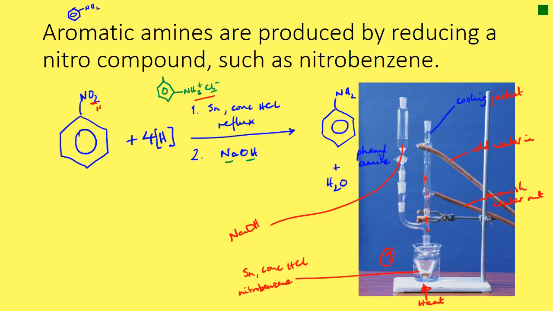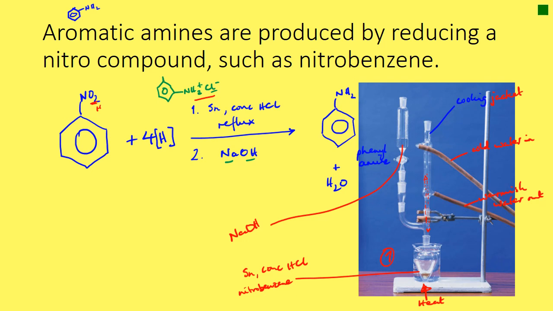That's the salt produced in the first step by refluxing it with concentrated hydrochloric acid and tin, and then you add sodium hydroxide, and the sodium runs off with the chloride, and the hydroxide takes the extra hydrogen and makes a water molecule with it, leaving these two products here, our phenylamine and our water.